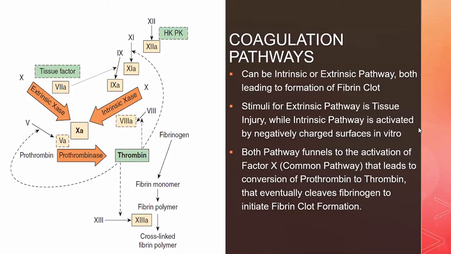Generally 5 specific functions. We will talk about that later. And it occurs either in an intrinsic or extrinsic pathway, but all happening inside the body. One is theoretical actually, the intrinsic pathway.